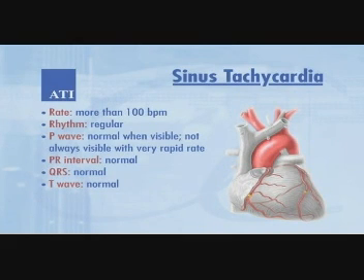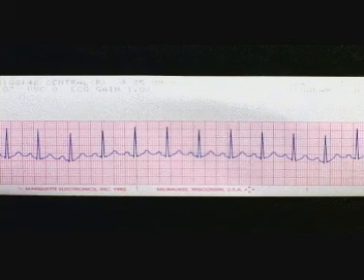Sinus tachycardia. Rate, more than 100 beats per minute. Rhythm, regular. P wave, normal when visible. Not always visible with very rapid rate. PR interval, normal. QRS, normal. T wave, normal. Note that the only abnormality is a rapid rate.